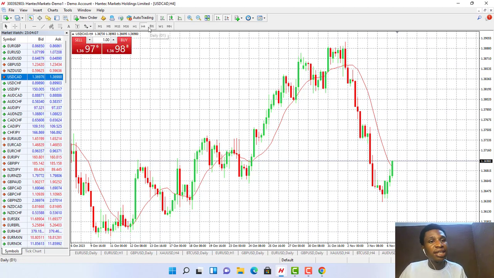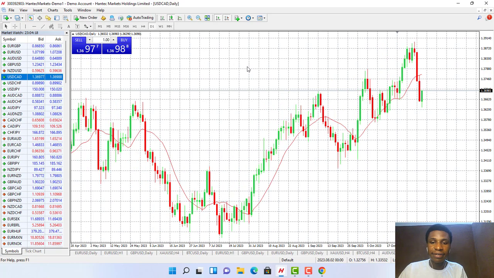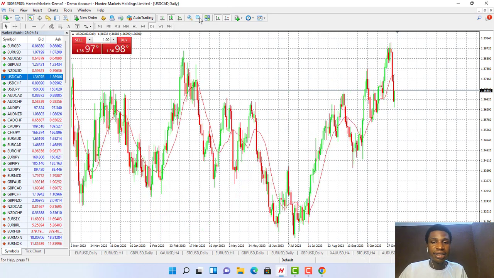Right, so today for the USD Canadian dollar, let's quickly check what is happening in the market. This is the D1 time frame, the daily time frame, and you can see the USD CAD has been in an uptrend for long.